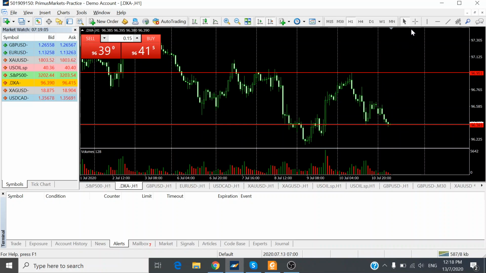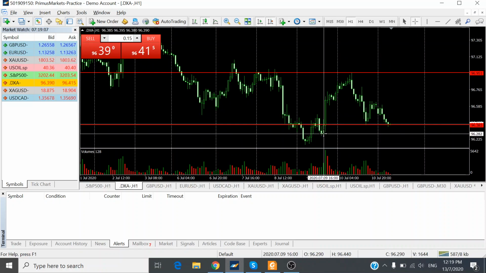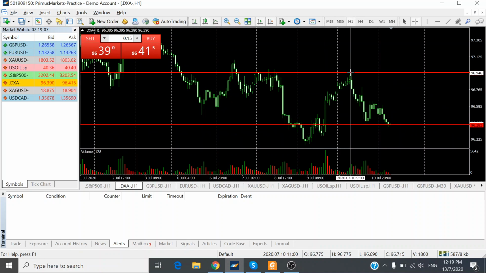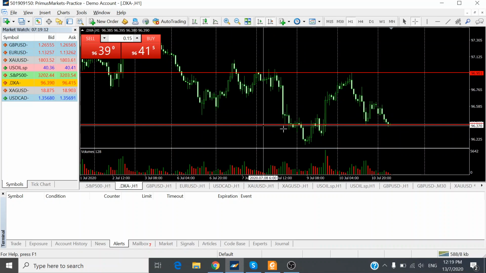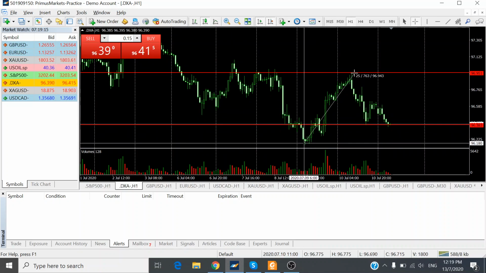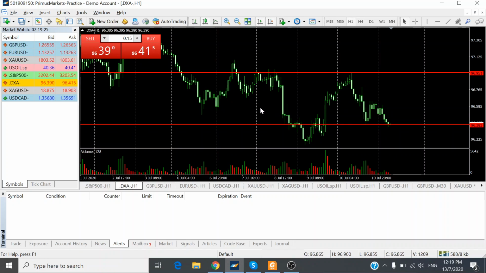For those who are new, the US dollar index shows us whether the US dollar was weakening, going down, or whether the US dollar was strengthening or going up. Okay, so basically the US dollar index measures the strength of the US dollar against a basket of major currencies, including the UK pound and also the euro dollar.